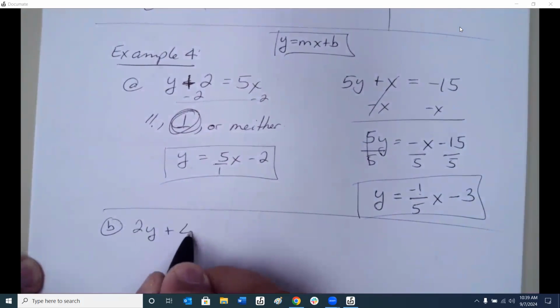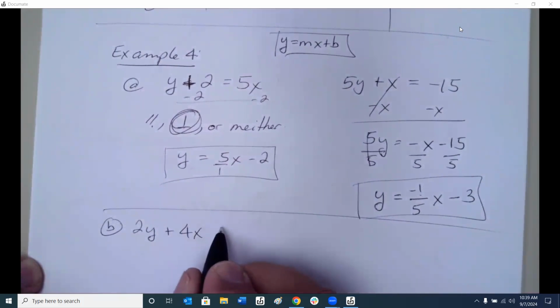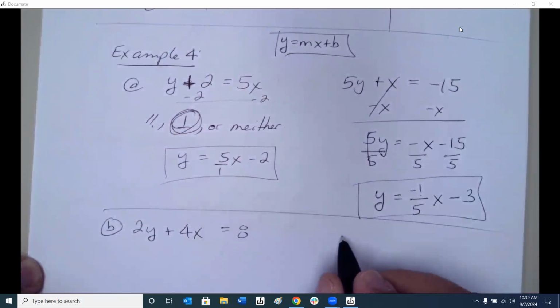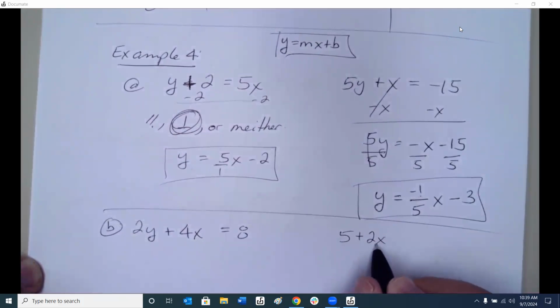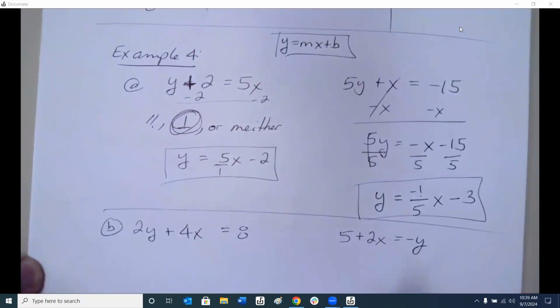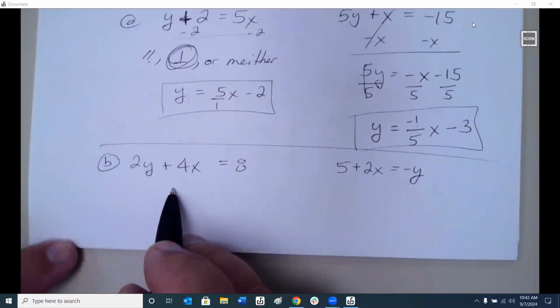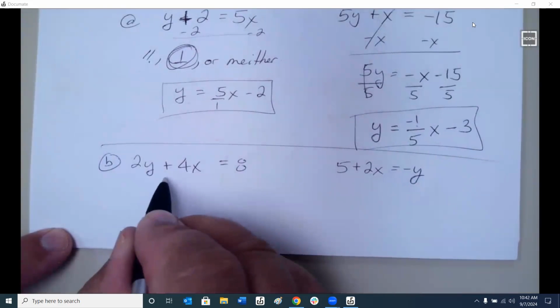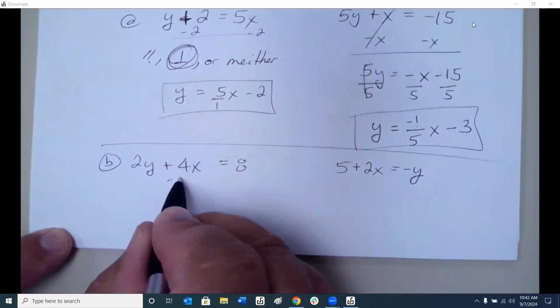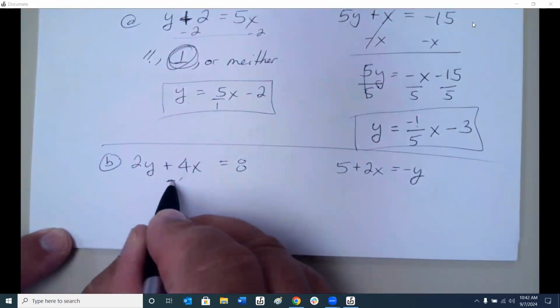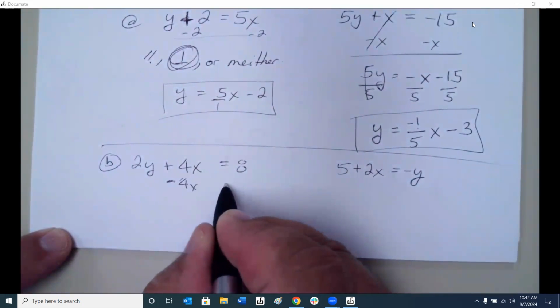2y plus 4x equals 8, and 5 plus 2x equals negative y. So the left one, we have to get rid of the 4x first. So we subtract, since this is positive, we need a negative 4x on both sides.